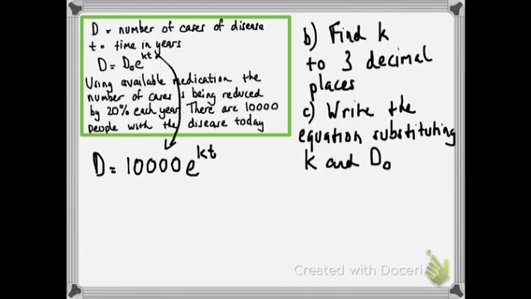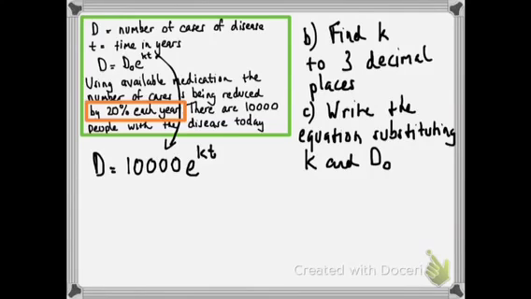That's the new equation, and now we've got to find k. How are we going to do this? We need to do a bit of substituting here, and we're told that the number of cases is reduced by 20% each year. So we can find out the number of cases after 1 year and substitute it in.